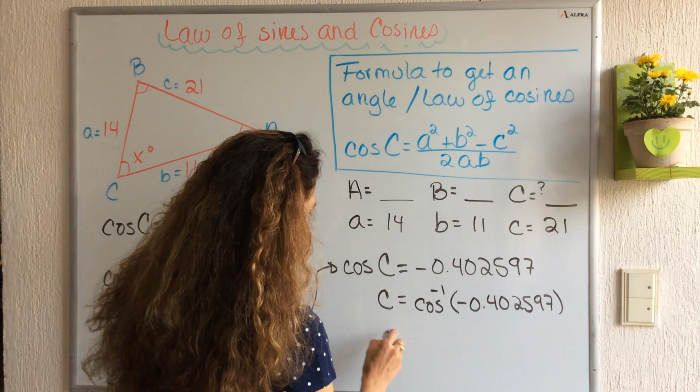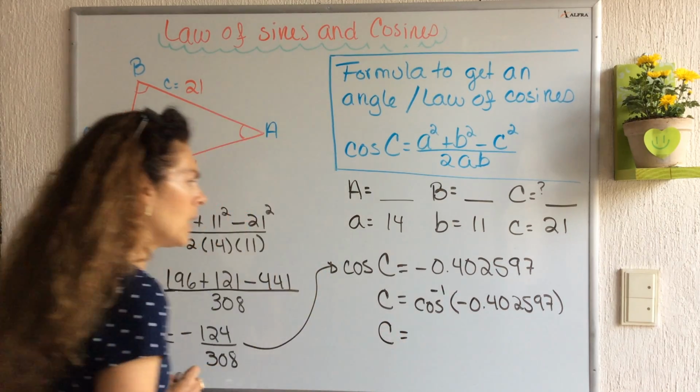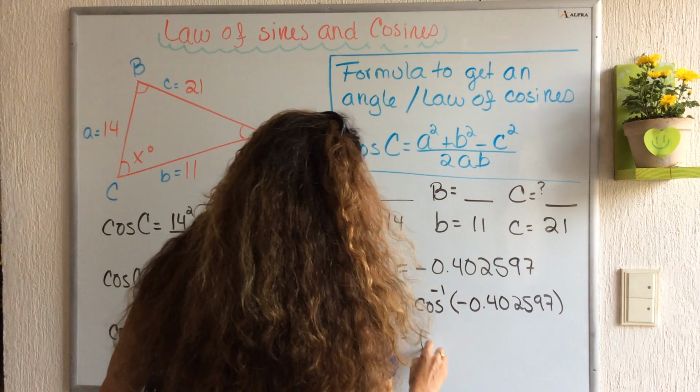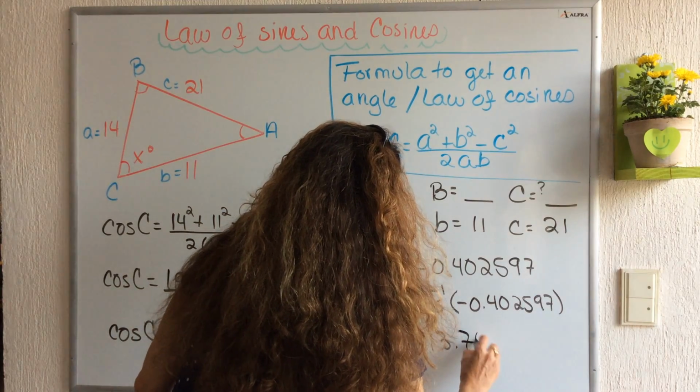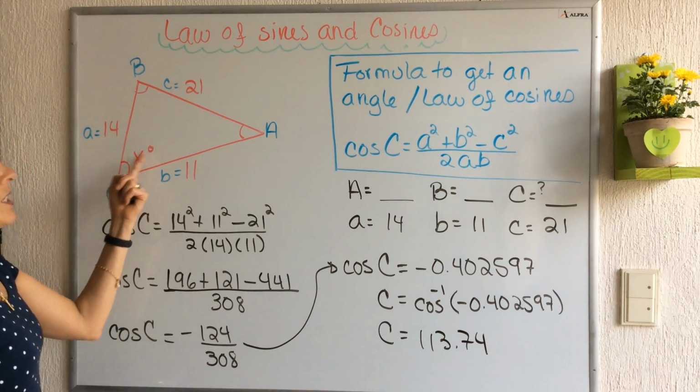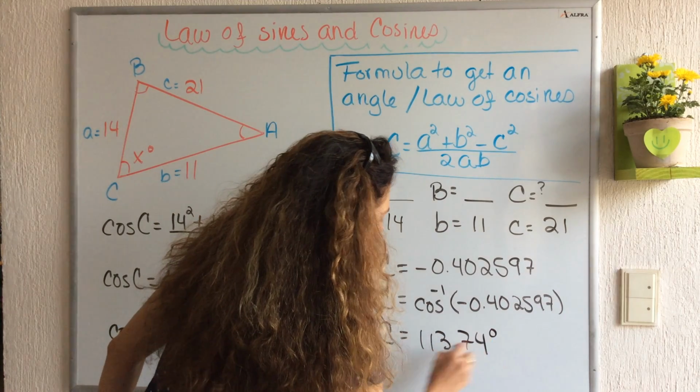This is the capital letter C equals, and let me tell you what do we get. It is 130.74. And what, dear students, if they are giving us degrees, I have to give the answer in degrees.